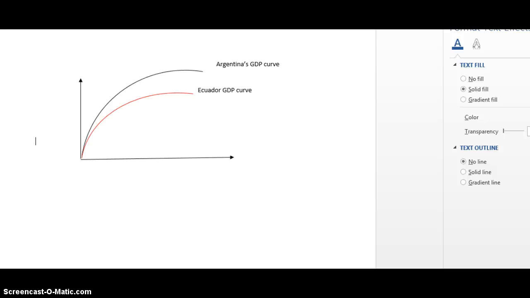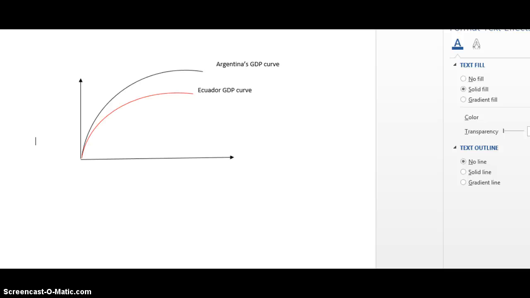So in the second video that you saw, the video changed where the production curve was based on the letter A, the technology curve. So one of the things that I would argue is that Ecuador might grow more slowly than Argentina, even though it has a higher investment and essentially the same population growth rate and is poor, because Ecuador has a lower productivity rate.